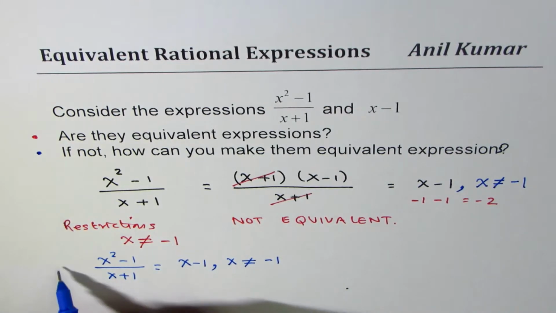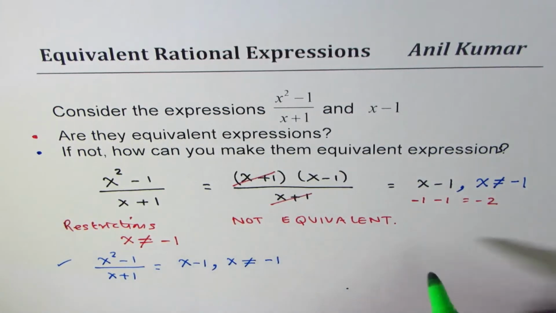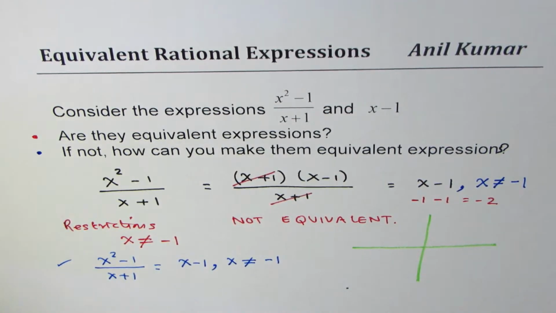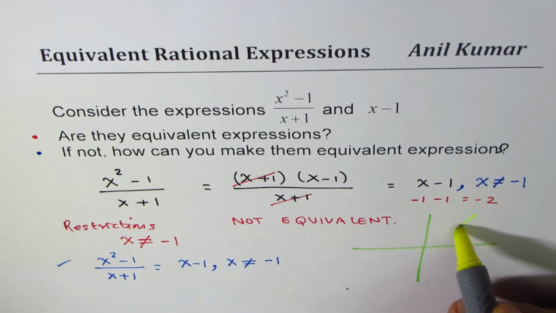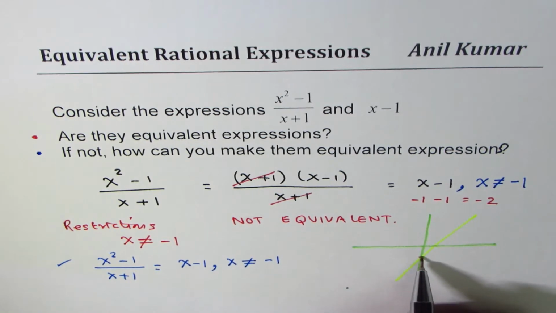Do you see that? So we have made them equivalent. Now, if I introduce x as minus 1, this value is not defined since minus 1 is not in the domain of x. You get the idea. And if you sketch these functions, what do you get? You actually get a straight line with y-intercept of minus 1.